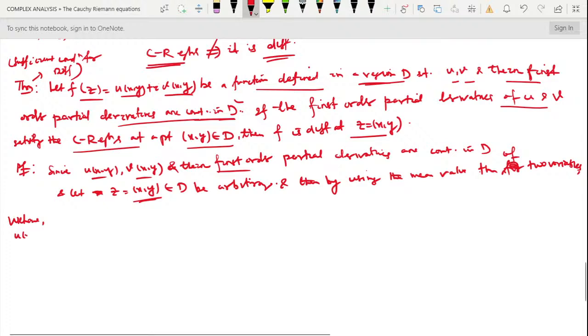u of x plus h1 comma y plus h2 minus u of xy.